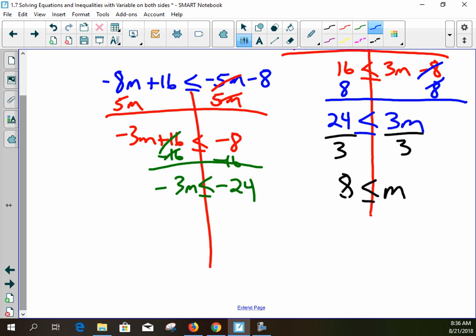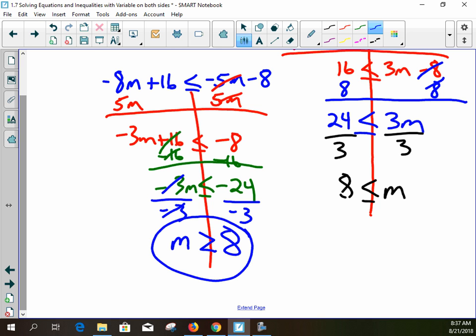Now, what do I have to divide by? Negative 3. See, here I divided by a positive 3. Here I divide by a negative 3. These cancel out. M, now you have to remember to flip your inequality, is greater than or equal to 8. These right here, children, are the same answer.